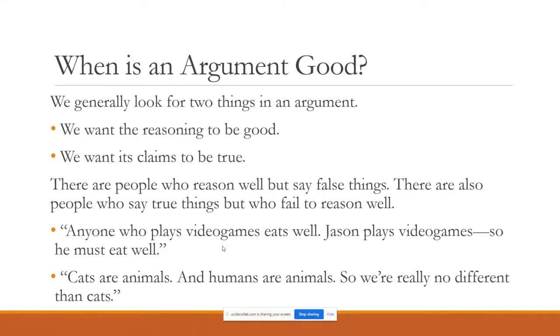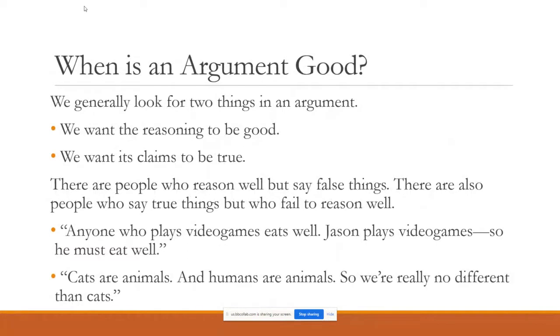No, because it's largely irrelevant that we're animals and cats are animals. It just doesn't follow that we're really no different than cats. So the reasoning is bad. Even if those two claims were true, which they are, the conclusion could be false. Doesn't follow. It's not really integrally related to the premises.